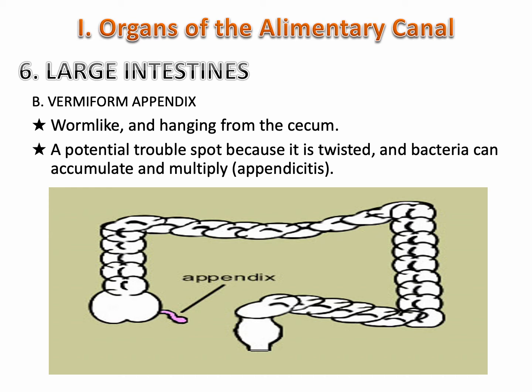Kasi dahil walang peristalsis dyan, tuloy-tuloy ang inflammation, baka ito mag-rupture. And kapag nagkaroon ng ruptured appendix, there could be internal bleeding, and it's connected to the cecum, which is a part of the large intestine. That's why once there's appendicitis, kailangan talaga siya agad tanggalin. Appendectomy.